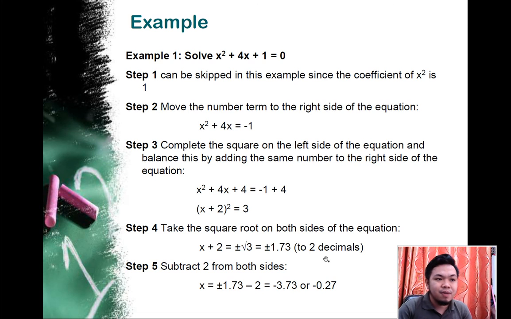So, follow lang natin 2 decimal rule. Then, step 5, subtract 2 from both sides. Then, the answer is x is equal to positive or negative 1.73 minus 2 is equal to negative 3.73 or negative 0.27.